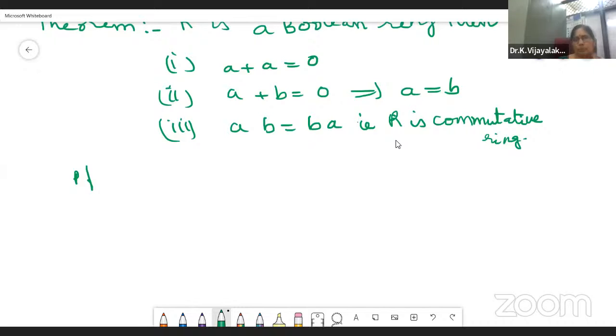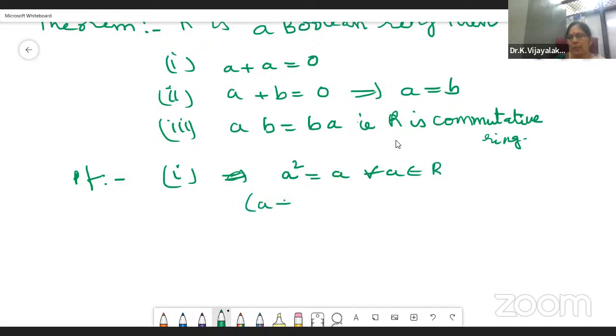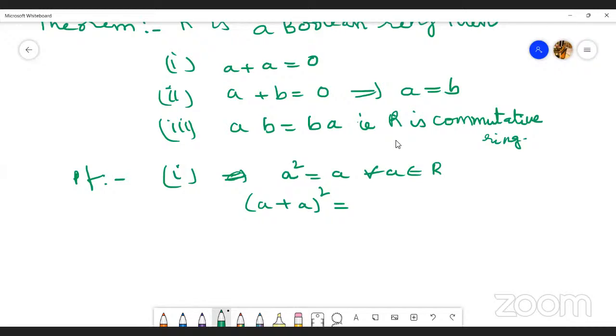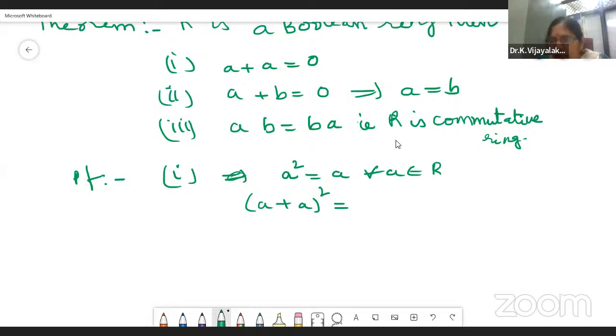First, you have to prove a plus a equals 0. For this, if a square is a for every a belongs to R, tell me what is (a plus a) whole square? If a belongs to R, then a plus a belongs to R. Treat this as a single element.